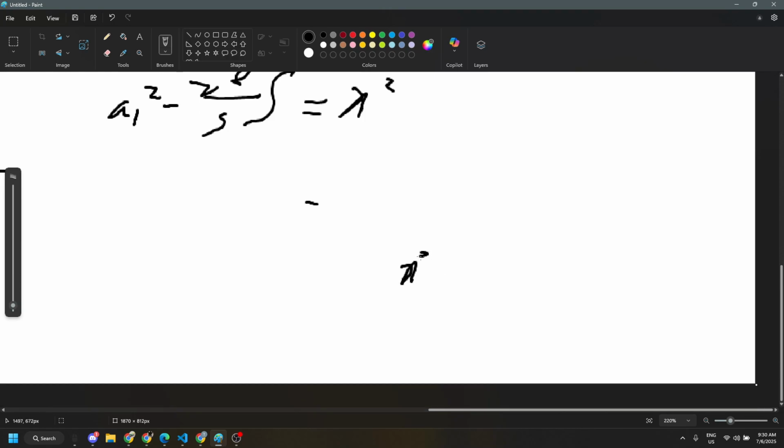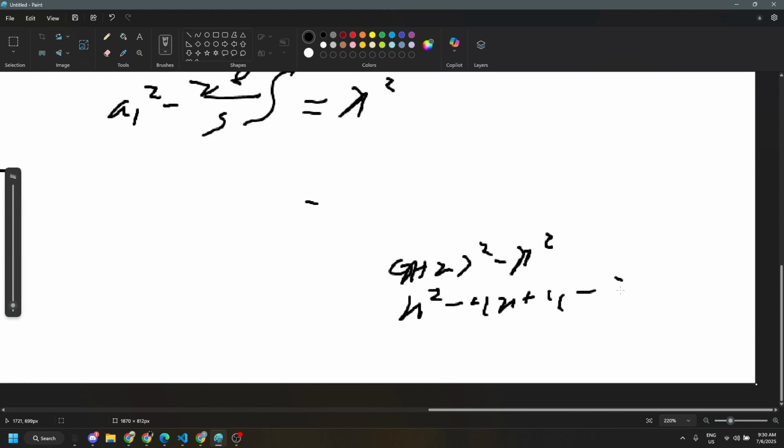Let's write this out. If we have n squared, n plus 2 squared minus n squared, let's just simplify this. n squared plus 4n plus 4 minus n squared, so it's just 4n plus 4.